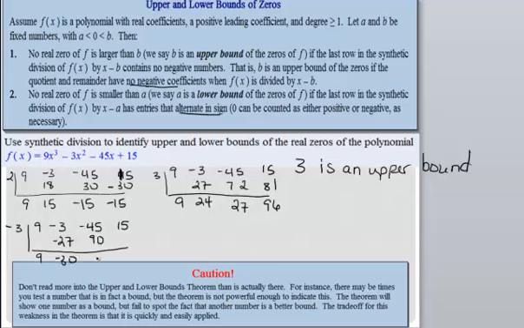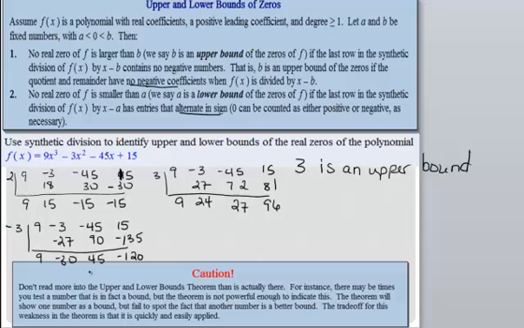This would be a positive 90. Negative 45 plus 9 is a positive 45. 3 times 45 will give us a negative 135. When we add those, we get a negative 120.